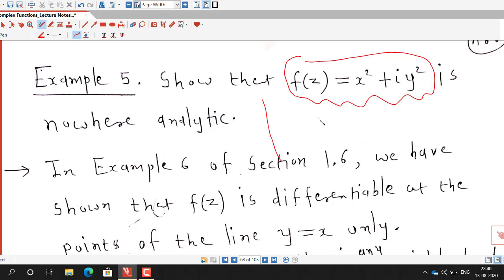Or you can use Cauchy-Riemann equations and decide that this function is differentiable at the points which are on the line y equal to x.